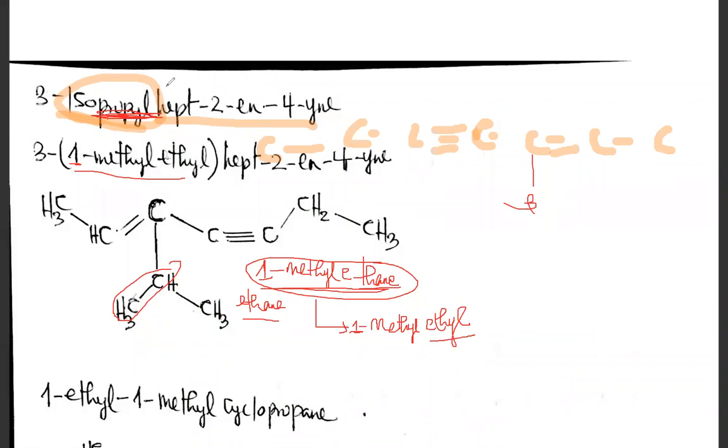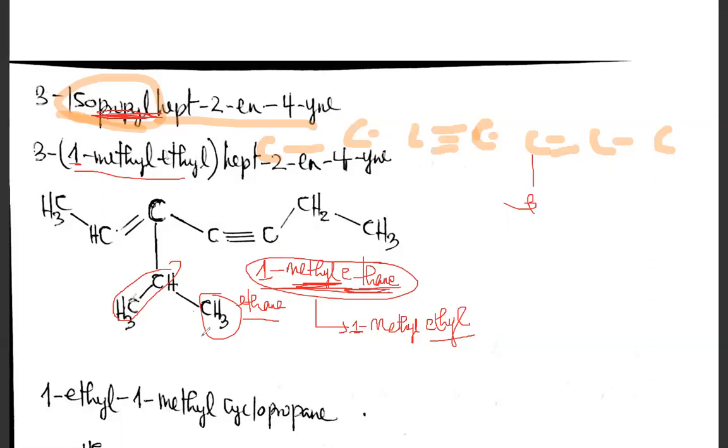Our chain principal has how many carbon atoms? That is 1 and 2. What do you call an alkane with 2 carbon atoms? You call it ethane. There is another substituent bonded to this ethane, and this is what we are calling our methyl. It is at position number 1.